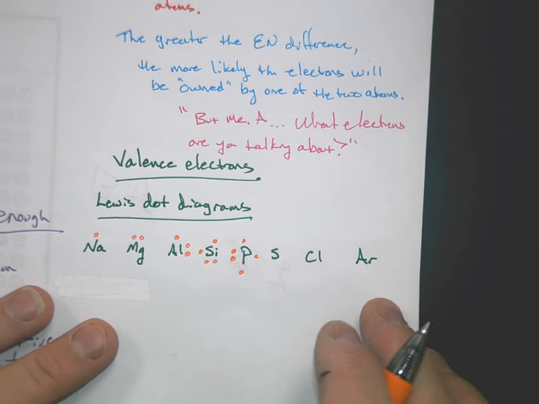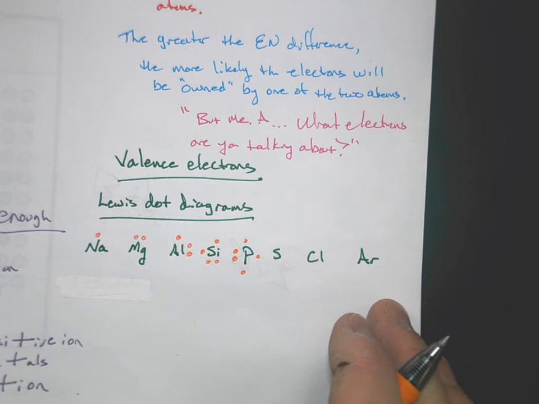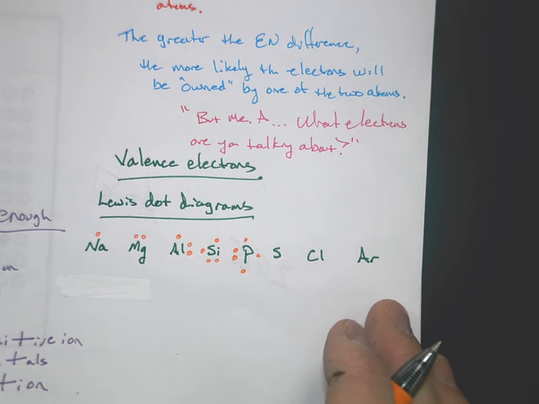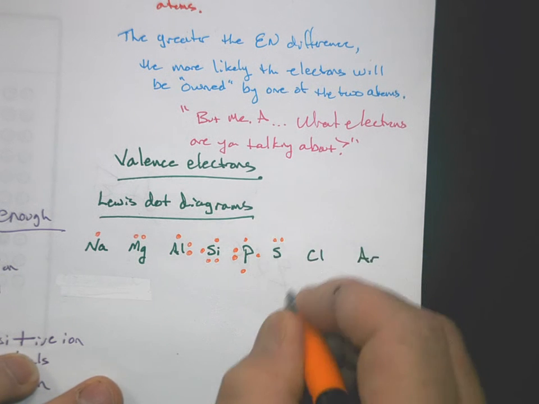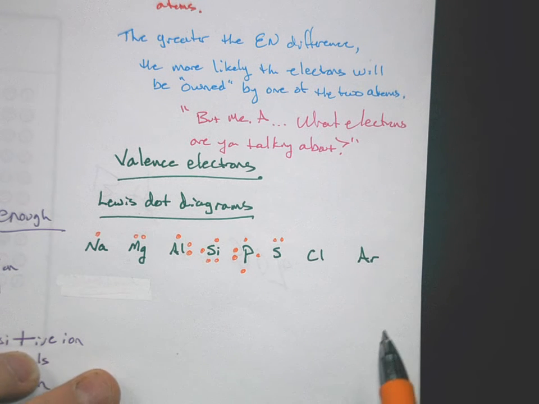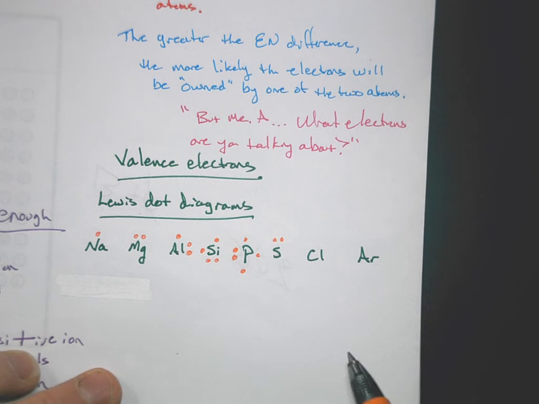Okay, sulfur? If you guys can get ahead, go ahead and get ahead. Sulfur. Now, for the real process of this, remember it's 1 in each orbital, and then you have a pair, right?